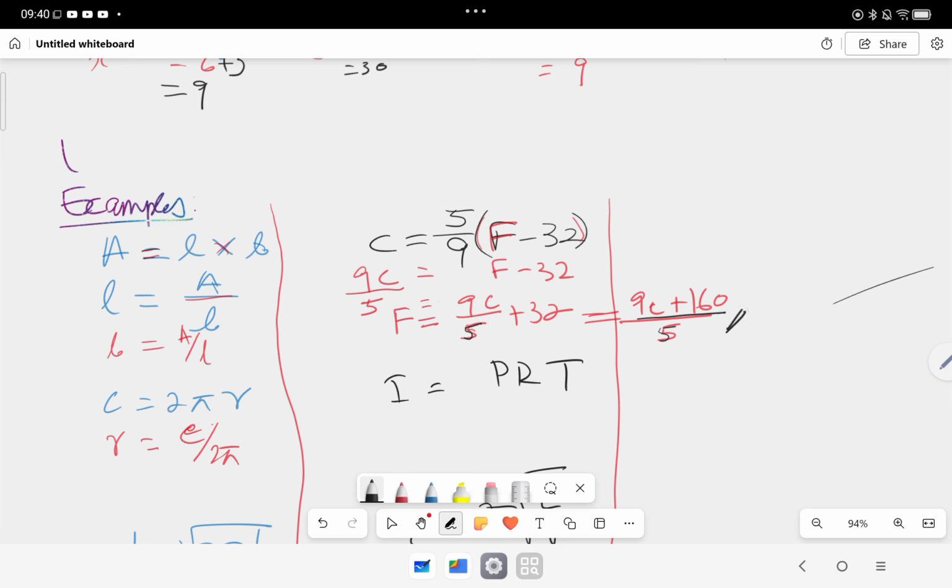This idea is simple, as in this formula I equal to PRT.